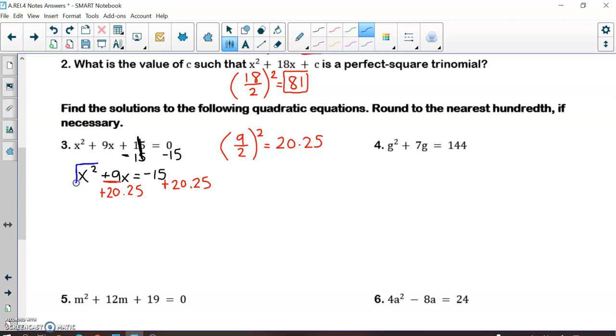I'm going to take the square root of my first term, the square root of my last term, and the operation that's in between my first and second term, and I square that binomial. That's the perfect square trinomial factored. And then on my other side, I'm going to just simplify here. Negative 15 plus 20.25 gives me 5.25.